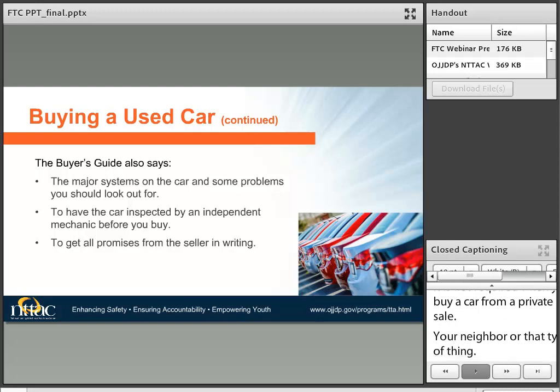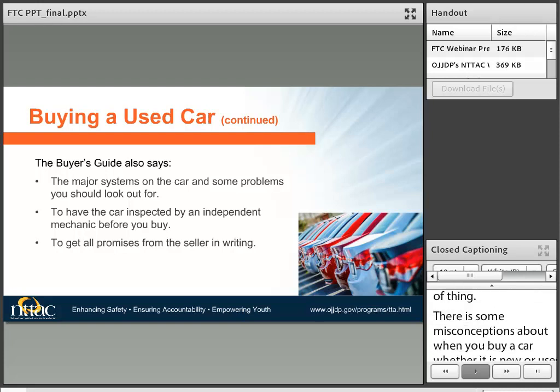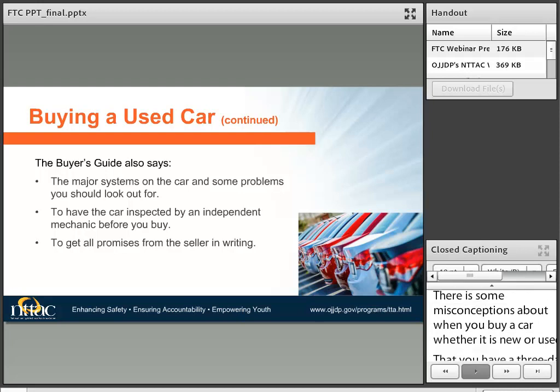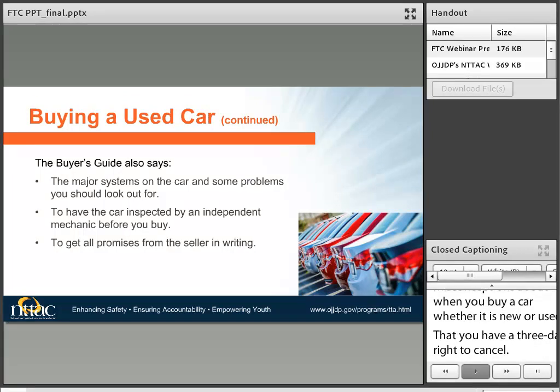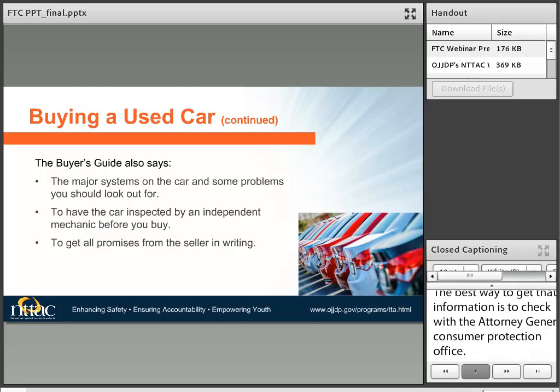There might be a state law, but that varies from state to state. And so the best way to get that information is to check with the Attorney General's Consumer Protection Office. And that web address that you can check is www.naag.org. And that basically stands for the National Association of Attorneys General.